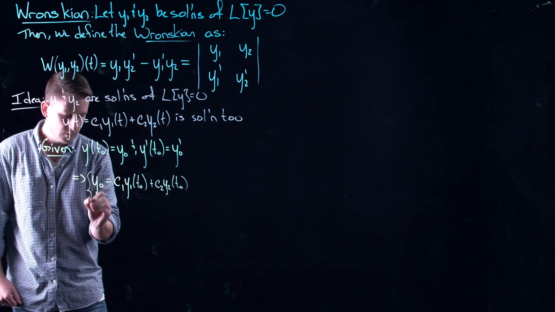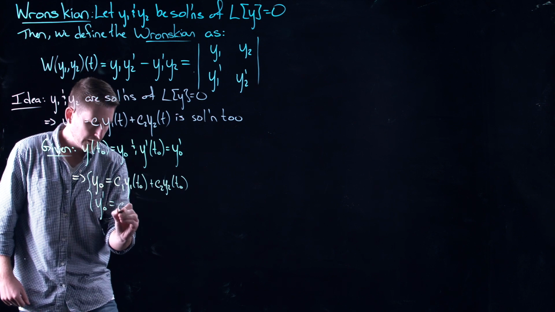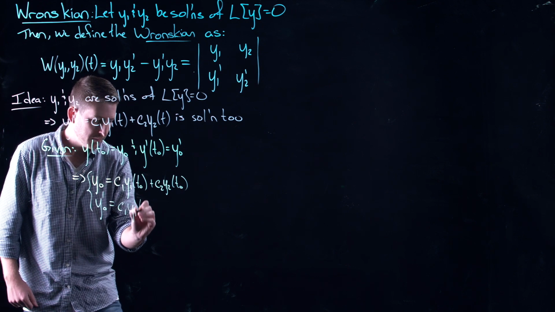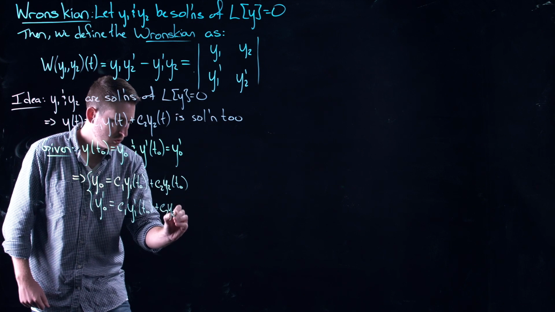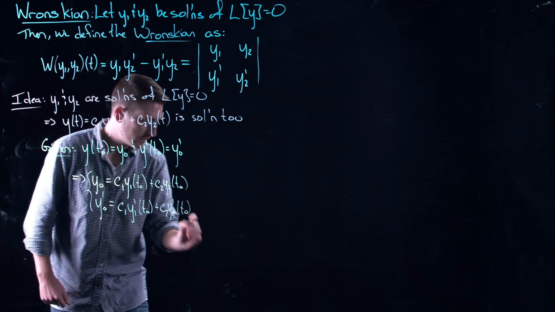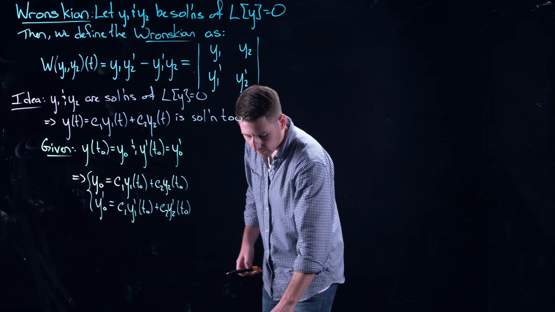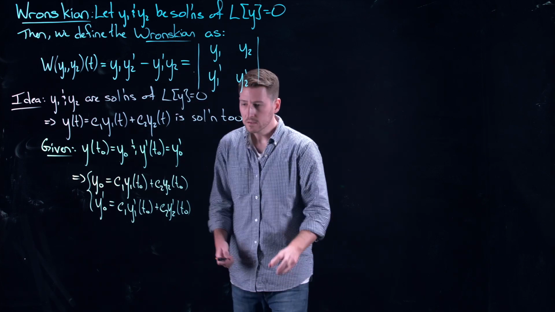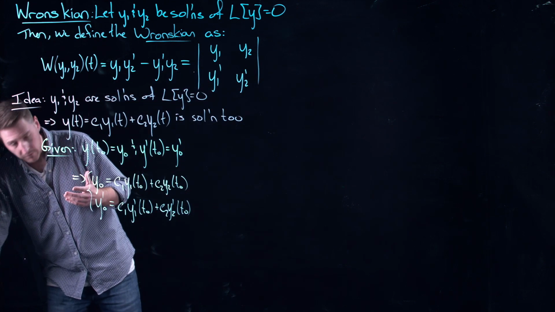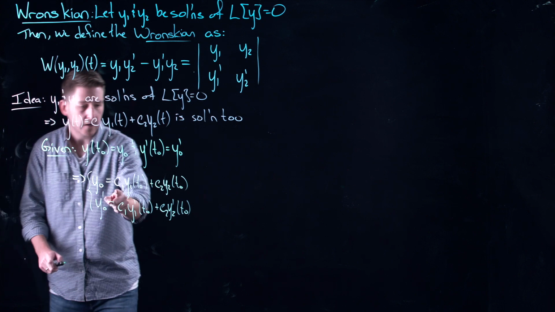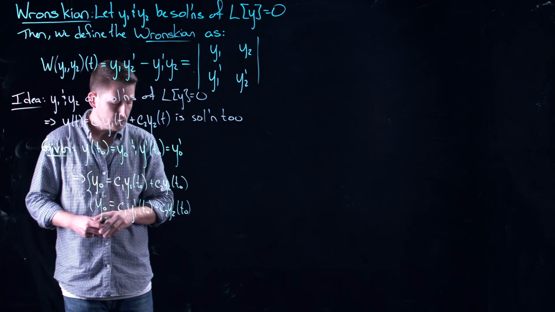And I do the same thing with the derivative condition here. I get C1 y1 prime t0 plus C2 y2 prime t0. So, okay, you might still be a little bit confused, but let's keep walking through this. This is actually a linear system of equations for the unknowns C1 and C2, right? I have two equations, I have two unknowns.